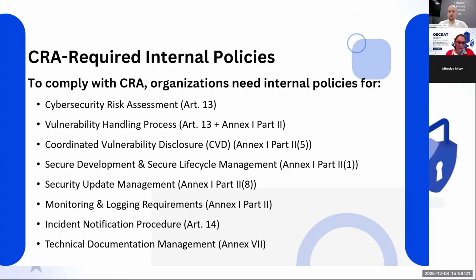To meet CRA obligations, organizations must formalize their internal processes into policies. This includes cybersecurity risk assessment, vulnerability handling process, coordinated vulnerability disclosure, secure development and secure lifecycle management, security update management, also monitoring and logging requirements.